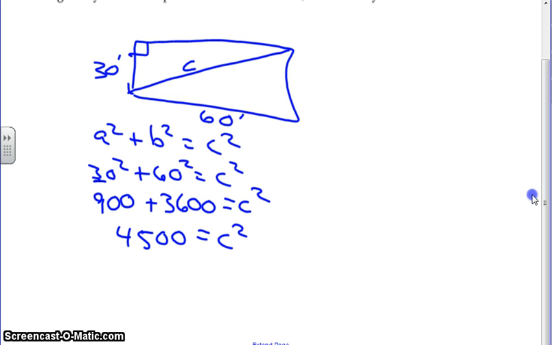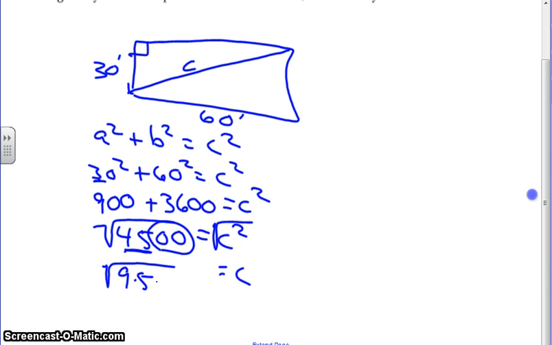What will we do to both sides? So c equals, now if you weren't using a calculator, what perfect squares are in 4,500? So we have 9 times 5, and then what is this? It's 100, isn't it? Okay, what's the square root of 100? And the square root of 9. So we really have 30 times the square root of 5.